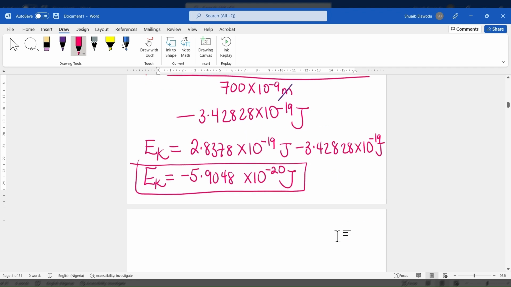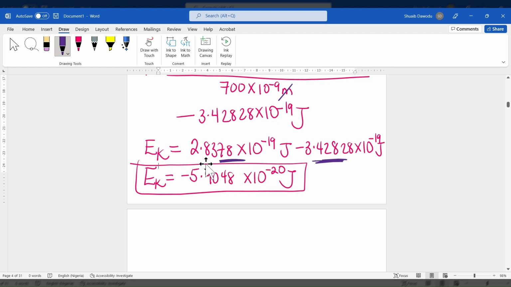So what I'm trying to say is it is not possible here for the work function to be greater than this energy value, hν or hc divided by lambda, because in order for electrons to be ejected from the surface of the cesium metal, the work function has to be less than the energy of hν.